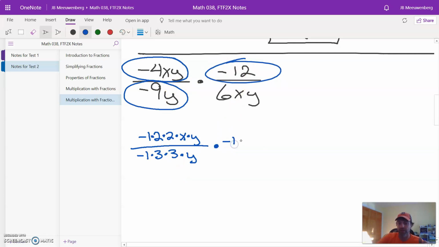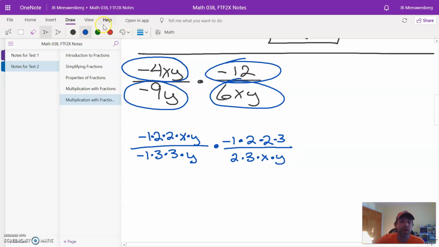Negative 1 times, then 12 would be, you do a factor tree, 2 times 2 times 3, over 6xy. 6 is 2 times 3, and then x is a number, so times x, and y is a different number, times y. Lots of 2's, lots of 3's. We want to make sure we get them all.